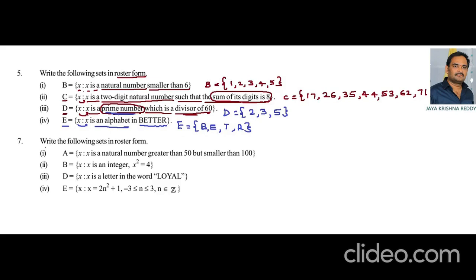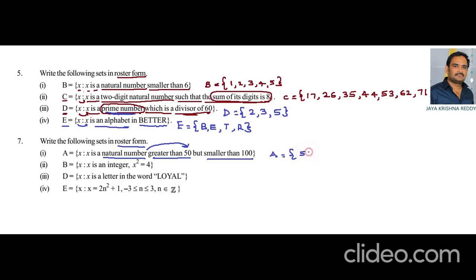And one more question like this, seventh one, write the following sets in roster form. The first one, set A equals, here we have to write the natural numbers, but the condition is greater than 50 and smaller than 100. You have to write the natural numbers greater than 50, not equal to 50. You should not write 50.